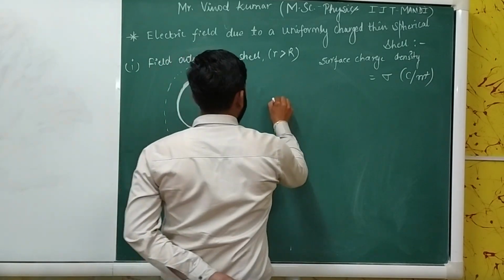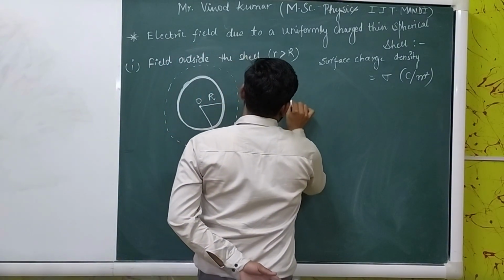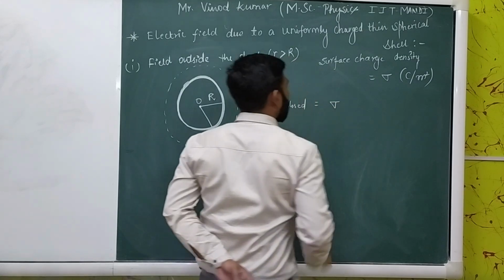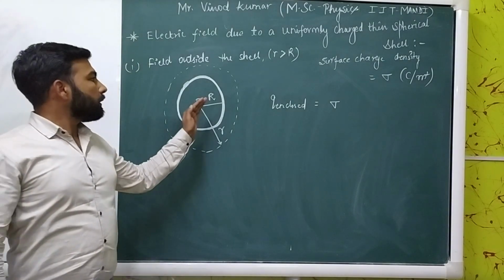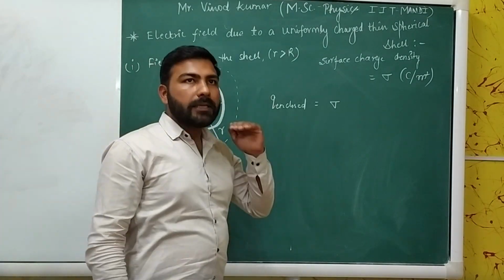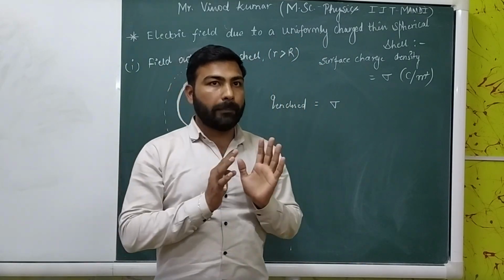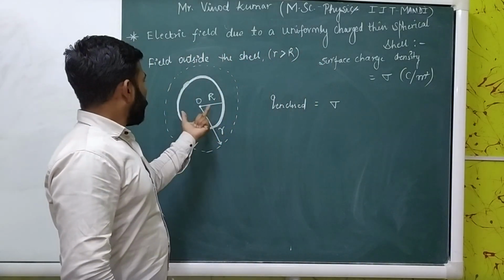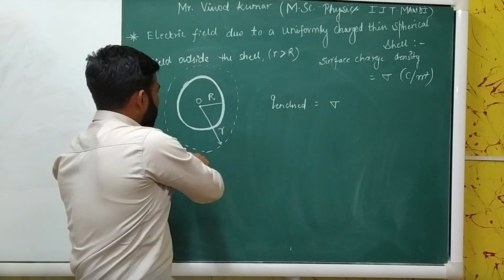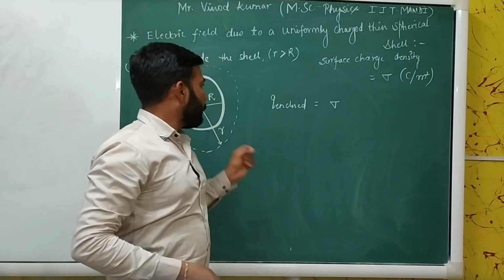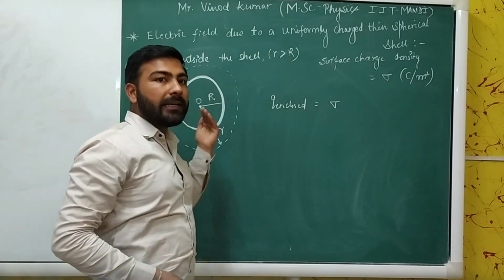So it will be Q enclosed equals sigma into, since we know that the charge is uniformly distributed over the spherical cell only. So the total charge enclosed in this outer Gaussian surface will be due to this spherical cell only.